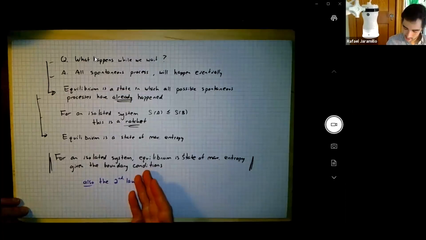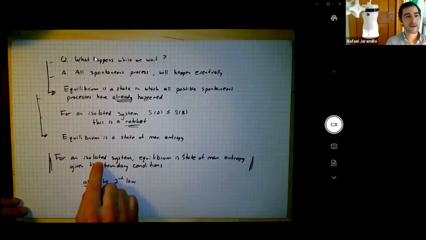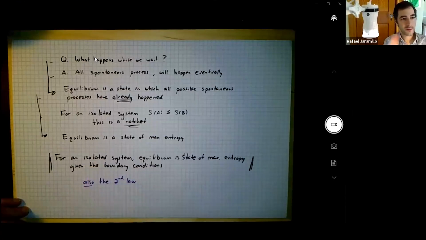Because it's kind of hard to isolate a system. It's easy if you're a cosmologist. Then you say, my system is isolated, I don't have to worry about that. But if you're a material scientist or an engineer, you often have systems which are held at constant temperature or constant pressure, not systems which are isolated.